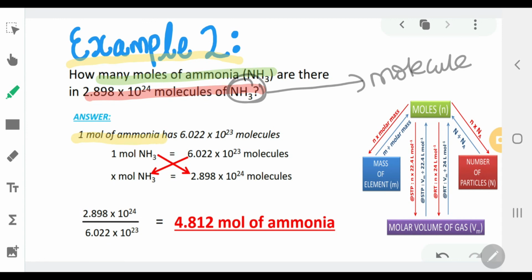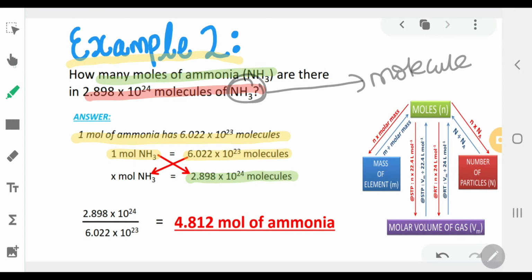In 1 mole of ammonia, we have 6.022 times 10 to the power 23. But this time, you have how many molecules? You have this 1 mole of ammonia equivalent to this. But we want to find how many moles in 2.89 times 10 to the power 24.